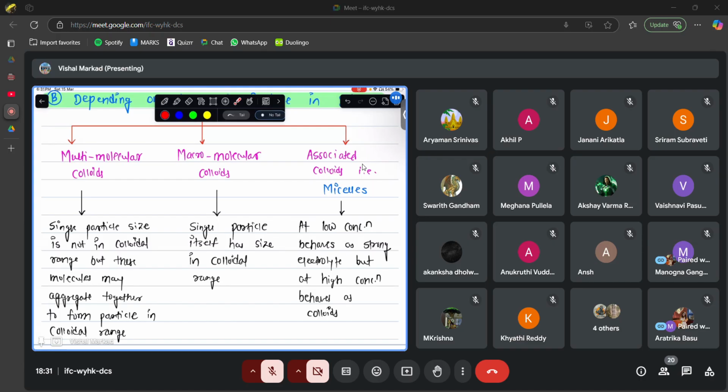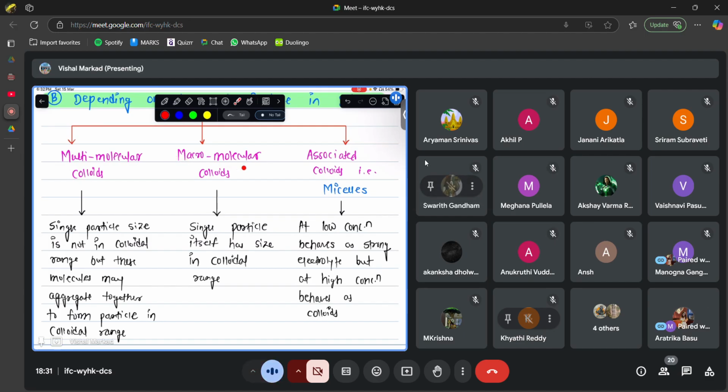But if I take 10 or 20, then the size will become 1 nanometer or 2 nanometer. And if I dissolve that particle in a dispersion medium, then I can say it is a colloidal solution. Such types of solutions are called multimolecular colloids. We need many molecules to form a colloidal solution. That's why multimolecular. Clear this thing?